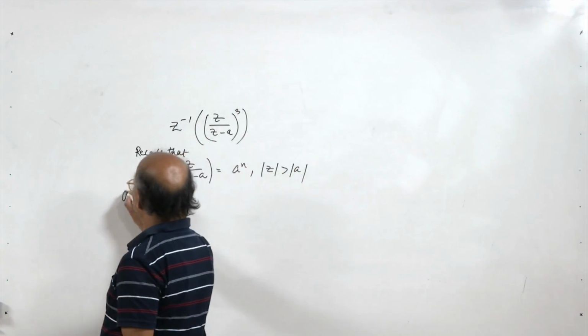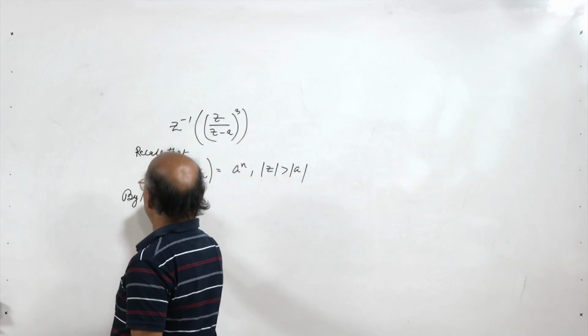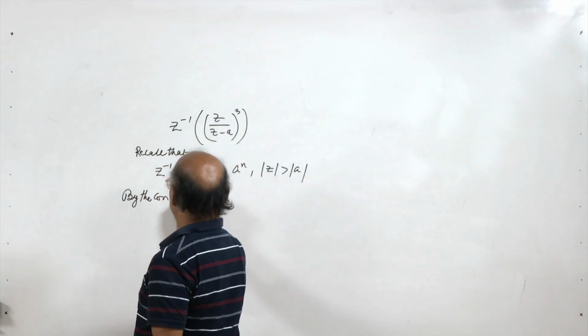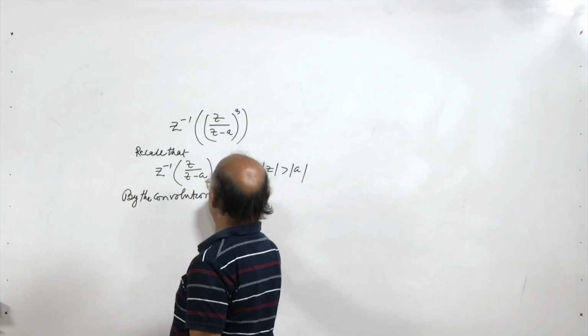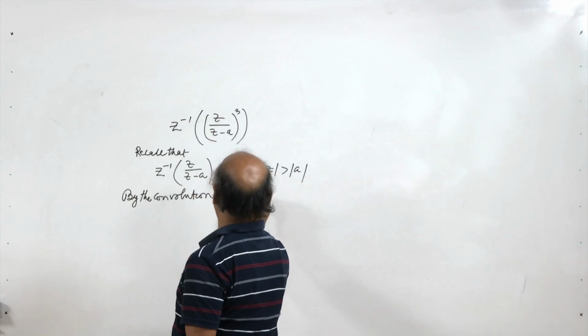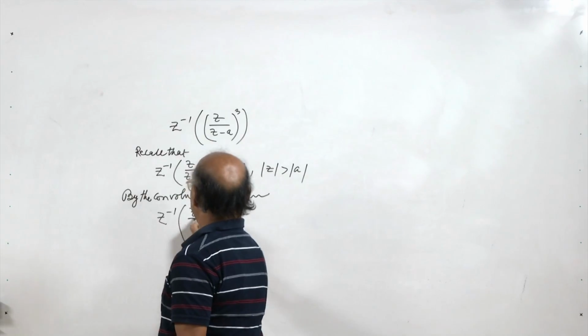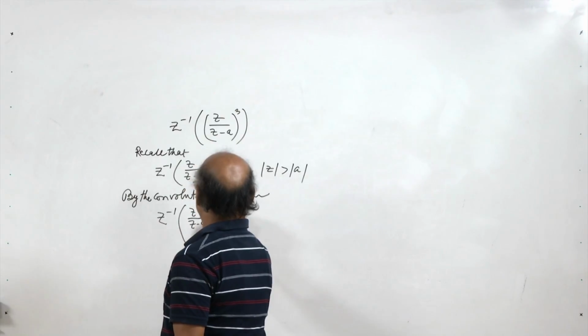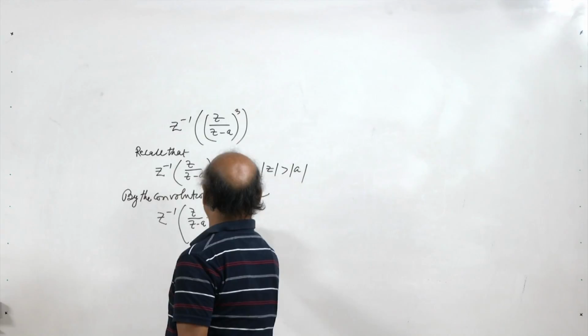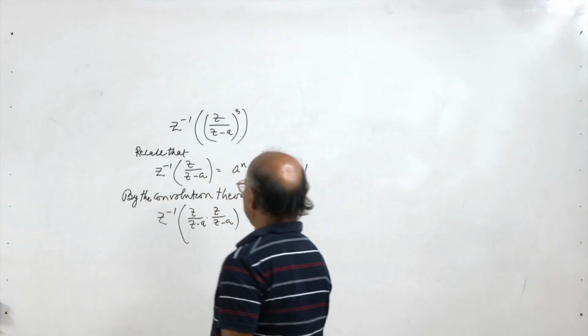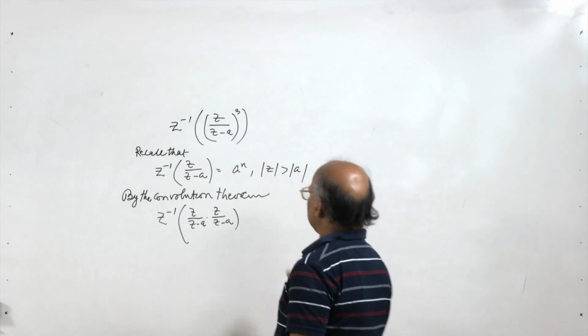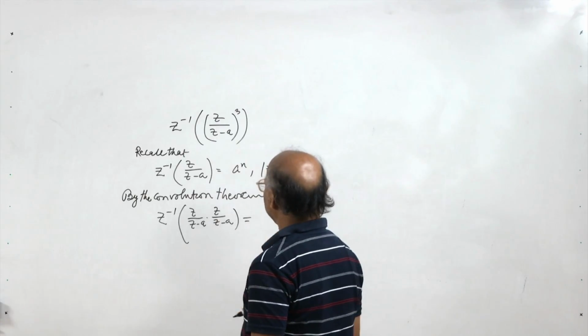So, by the convolution theorem, Z inverse of z over (z minus a) into z over (z minus a), where this is U(z) and this is V(z), Z inverse of U(z) into V(z) is the convolution of u_n and v_n.